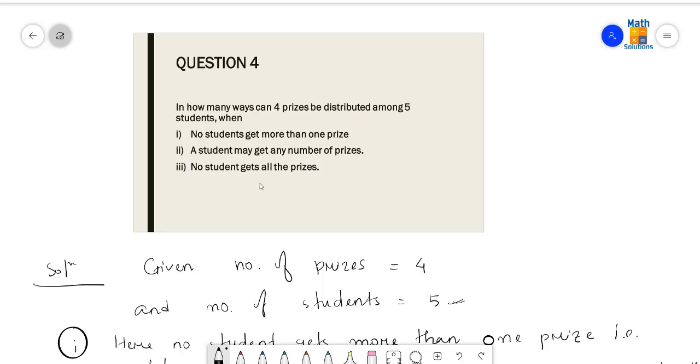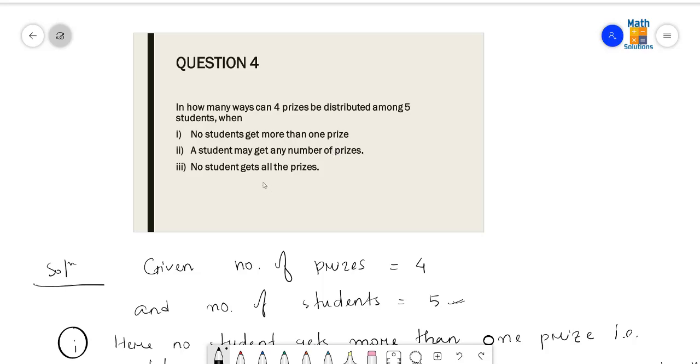Total number of ways in which a student gets any number of prizes, means the total number of possible ways in which a student may get any number of prizes, from that we have to subtract the total number of ways in which a student receives all the prizes.